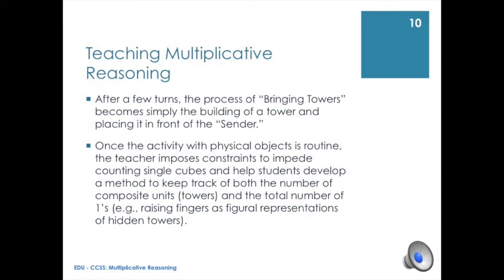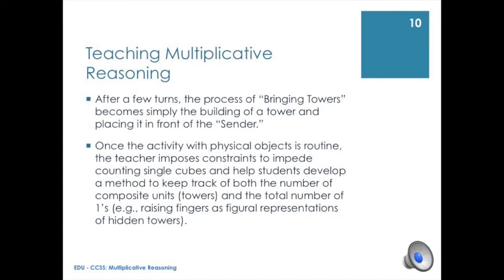So they may not be able to operate with a 4 as a single quantity to add on to what they had before, but they can keep track of how many I have altogether as I'm going by adding 4 at a time. So even though I'm doing it singly, I am showing you that I know that this tower is made of 4 as well, and I'm stopping my count at 8 and then 12 and maybe 16 because I know that there are 4 single cubes in each tower.